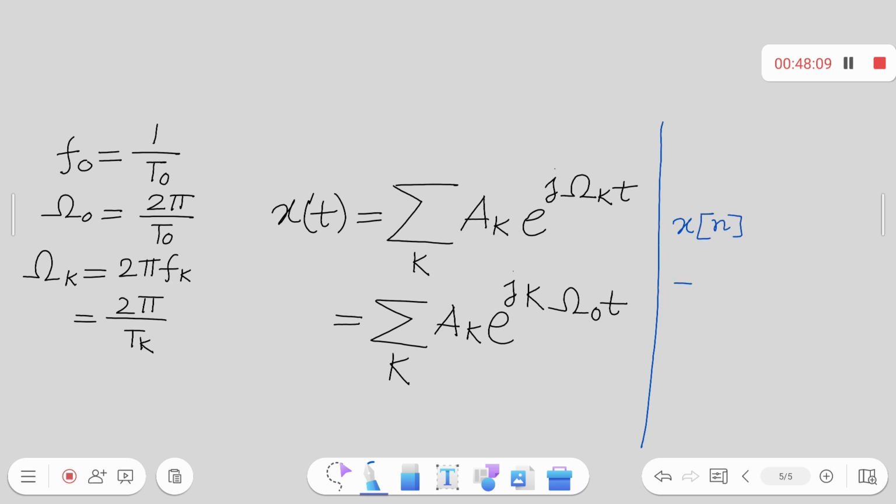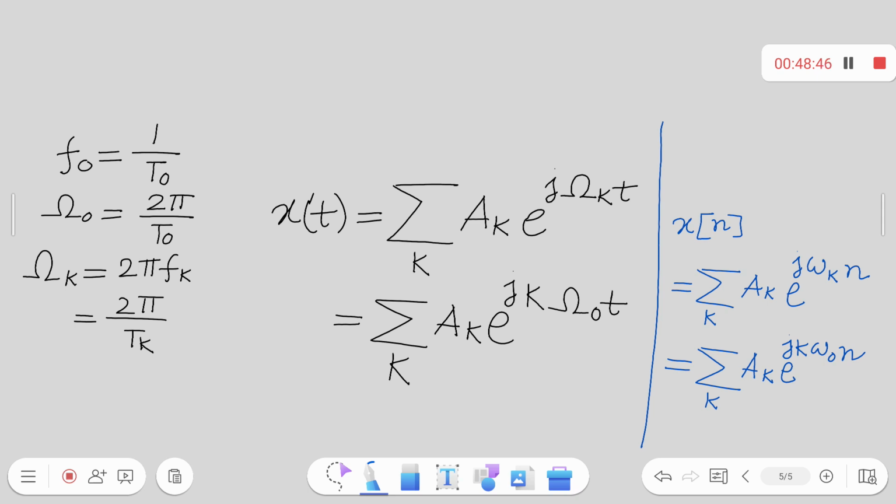You might say that x of n is equal to summation over k a_k e to the power j omega_k n, that is equal to summation over k a_k e to the power j k omega naught n. Okay.